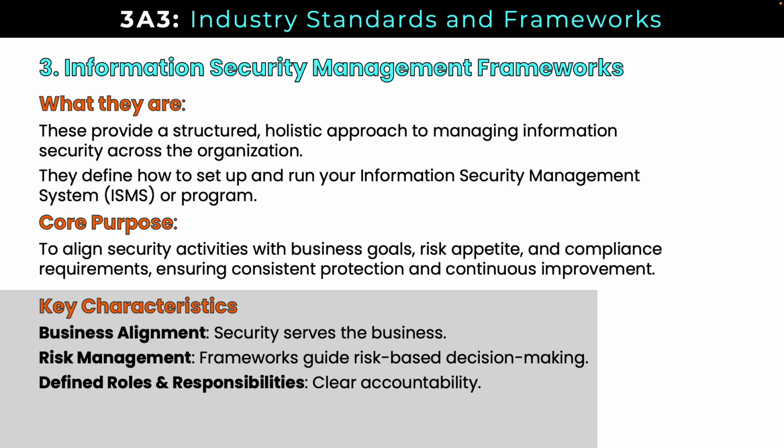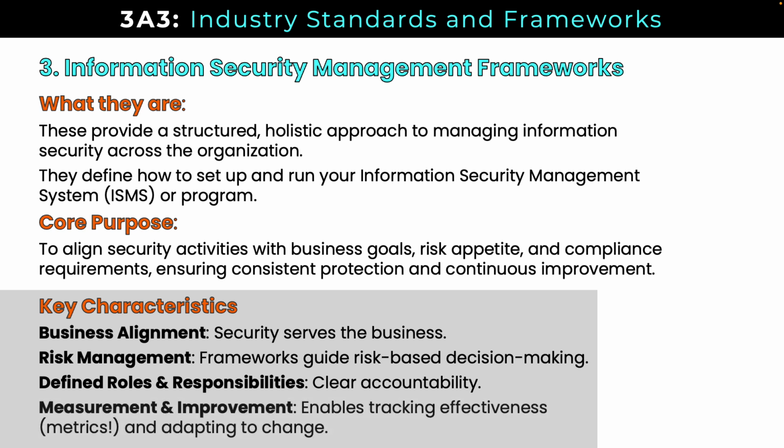When we think about risk and assets, remember we need to assign accountability within our roles and responsibilities, the owner of an asset, for example, which includes information assets. Measurement and improvement: the frameworks can help us in tracking effectiveness and adapting to change. Remember, we need metrics that are relevant and measurable, and preferably actionable.